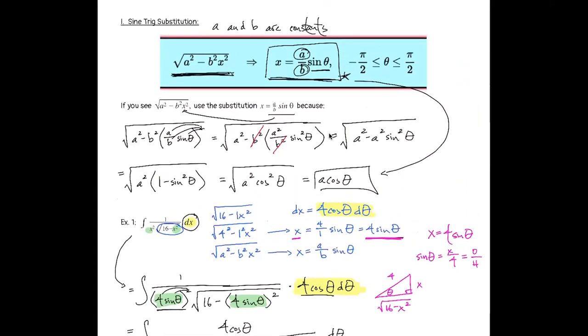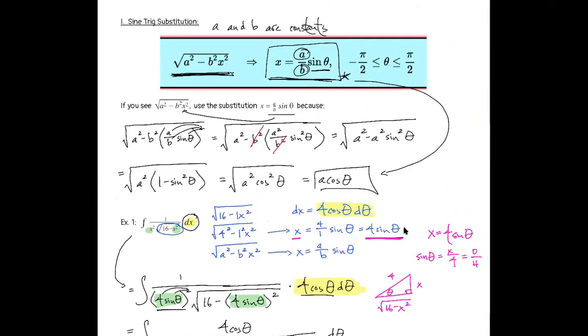And the rule says that we're going to use a sine substitution. So everywhere that we put our A and our B, that's what we get. We get the 4 sine theta.